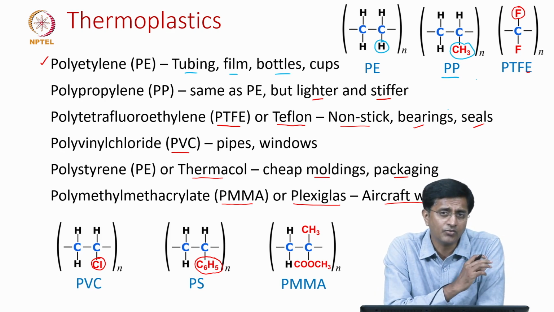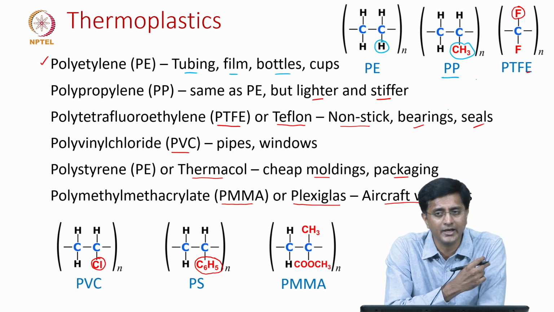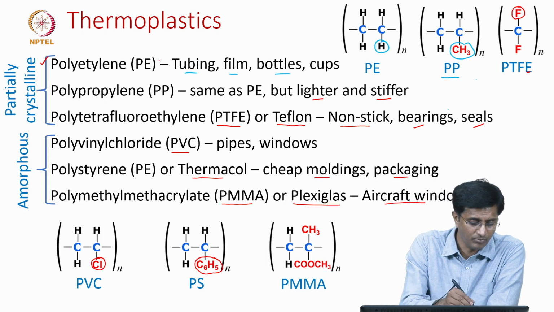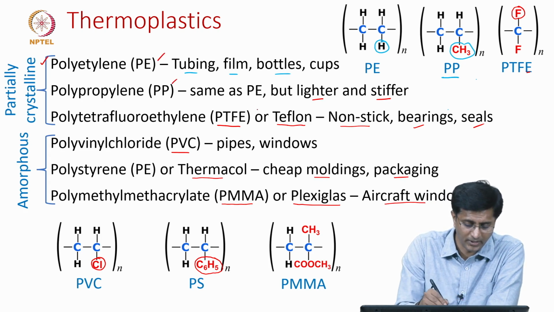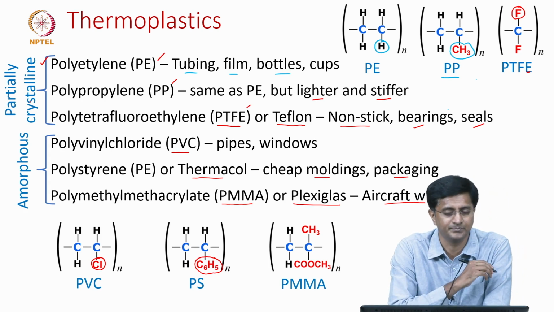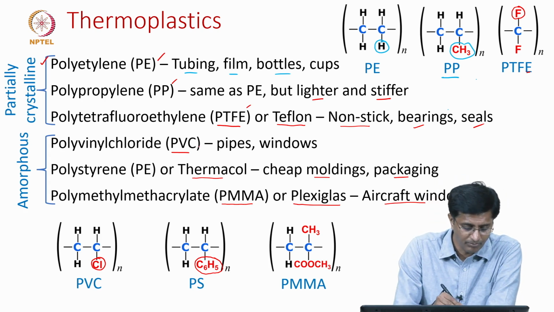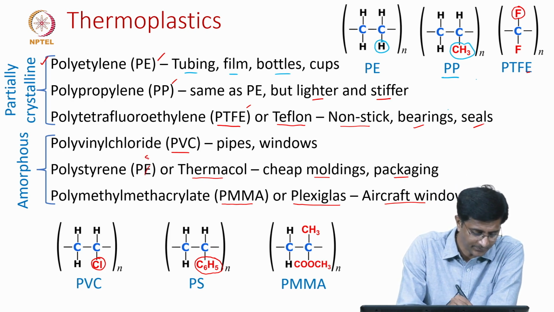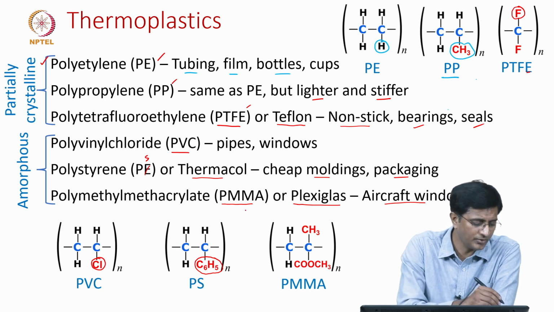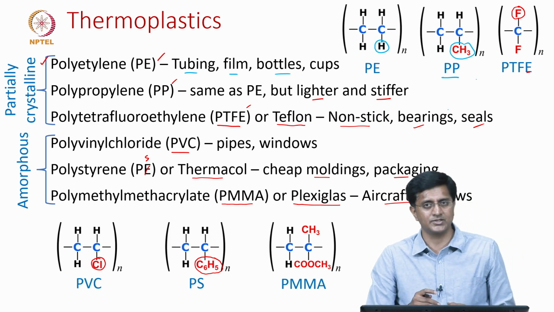If we recall from the previous slide, we were discussing partially crystalline and amorphous. We noticed that the first three, polyethylene, polypropylene and PTFE, fall into the category of partially crystalline, whereas PVC, polystyrene and PMMA fall into the amorphous thermoplastics.